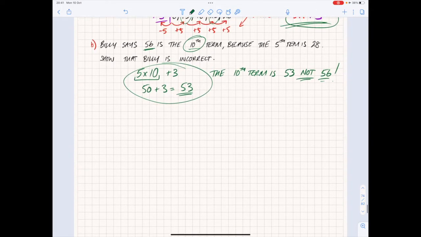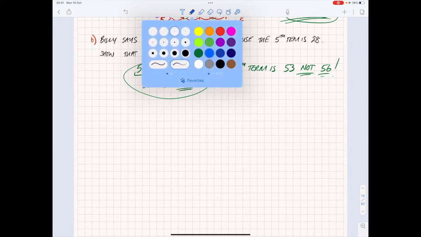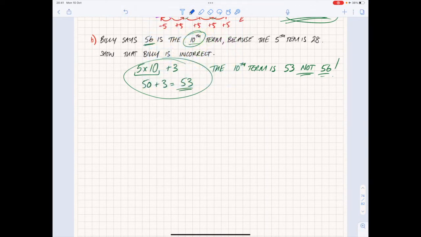If you were given, for example, let's say you were given a sequence that said the nth term of a sequence is 3n minus 2, and it might say write the first 5 terms. Well, all you'd do is you'd go 3 times by 1, because n would become 1 for the first term, which is 3, minus 2, which is 1.